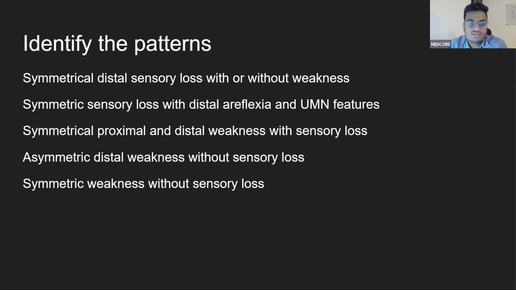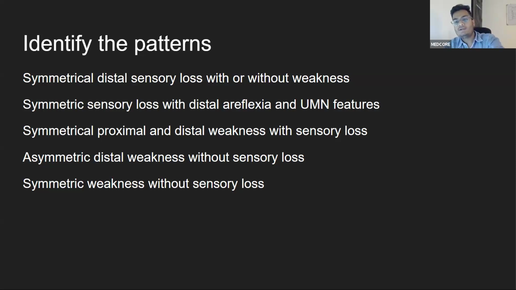The fourth scenario is asymmetrical distal weakness without sensory loss. Radiculopathy, sir? Radiculopathy will have a sensory loss. Why? Because if a root like C5 or C7 is involved, the sensations of C7 will be affected.